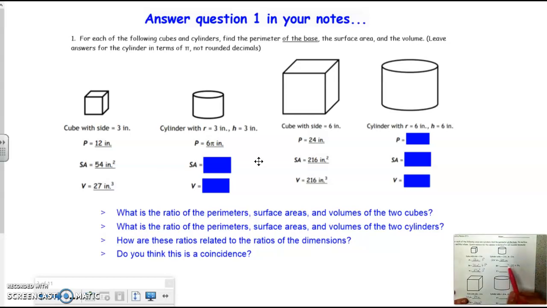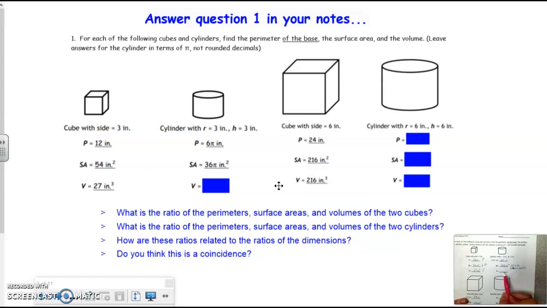And we've just found the perimeter. The base is a circle, so it's going to be 3 squared times pi. So this will be 2 times 9 pi plus 6 pi, your perimeter, times your height, which is 3. So this is 18 pi plus 18 pi, which gives us 36 pi, and that's square inches.